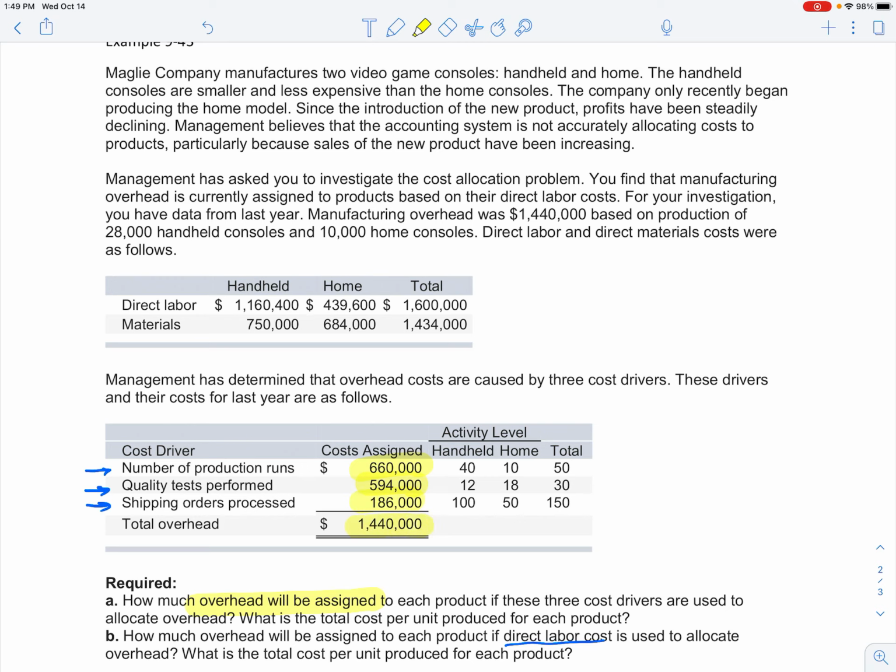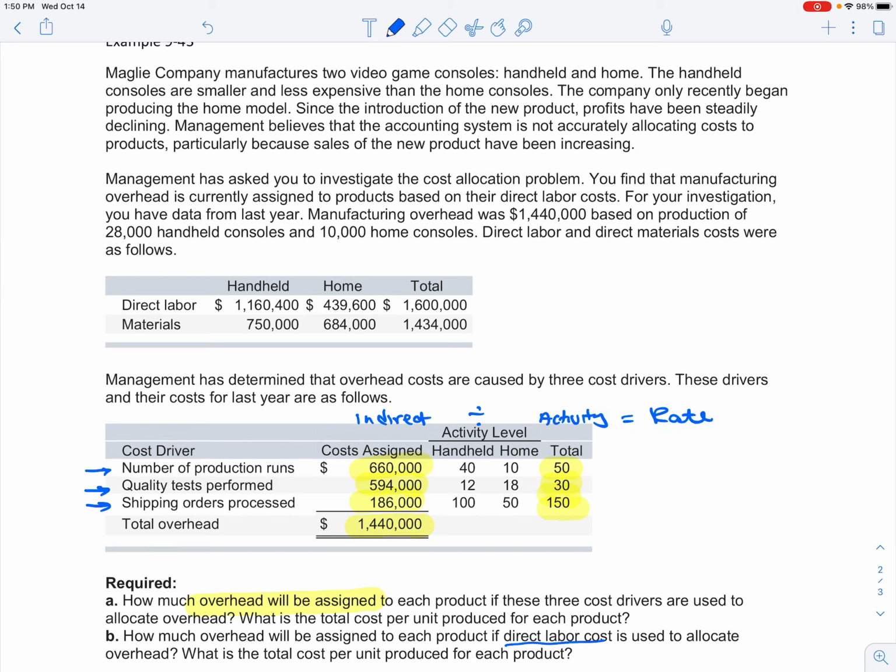These are our indirect costs. Then we're going to take those costs and divide them by our total estimated activity to equal our rate.